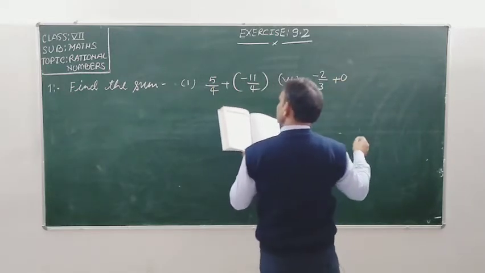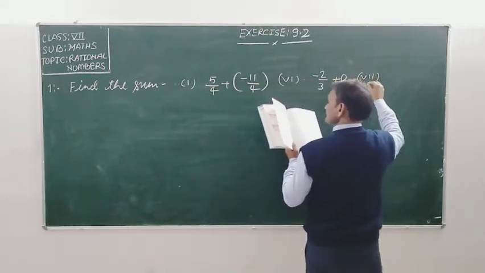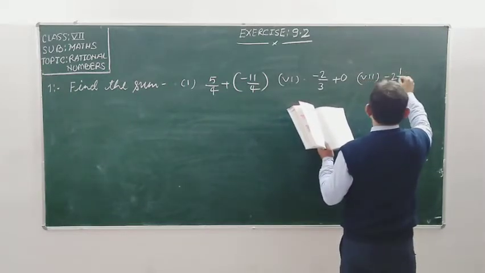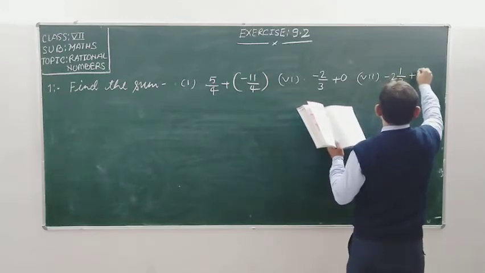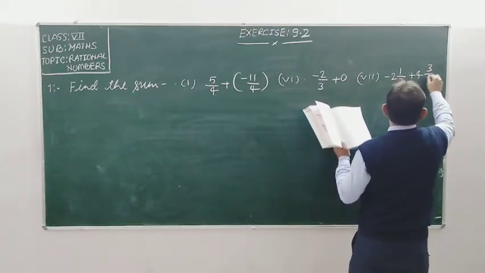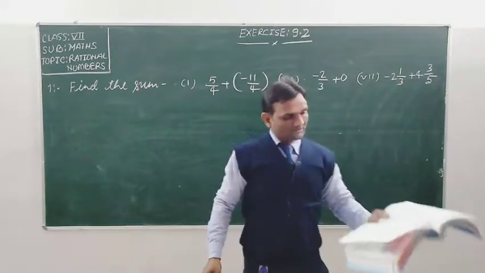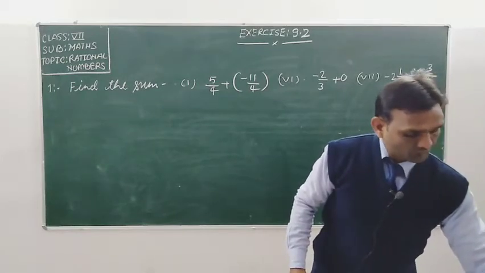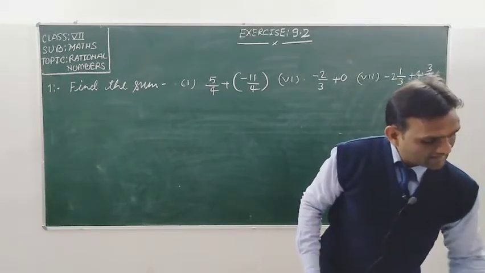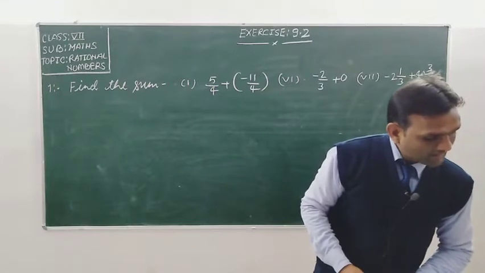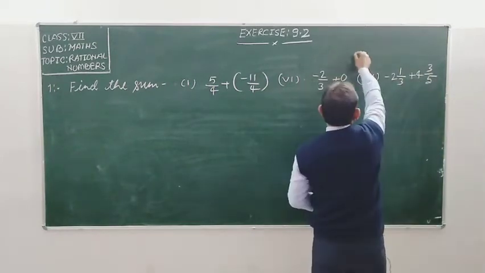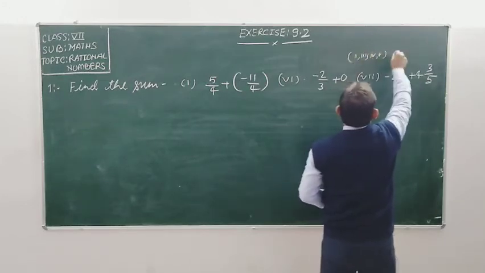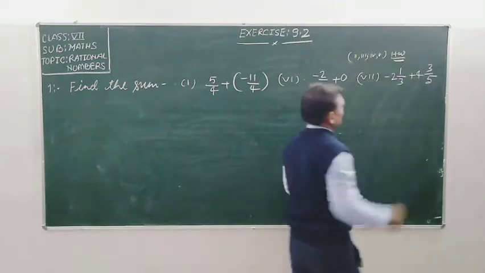And I am taking the last part, the 7th part: minus 2 whole 1/3 plus 4 whole 3/5. This is my question, student, and the remaining parts, that is part second, third, fourth and fifth, are homework for you.